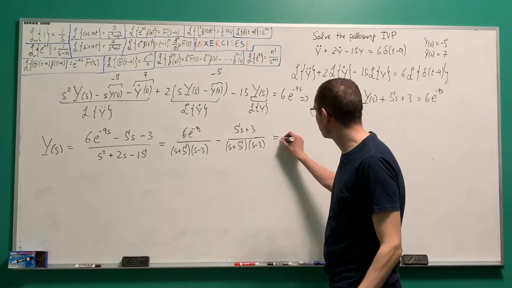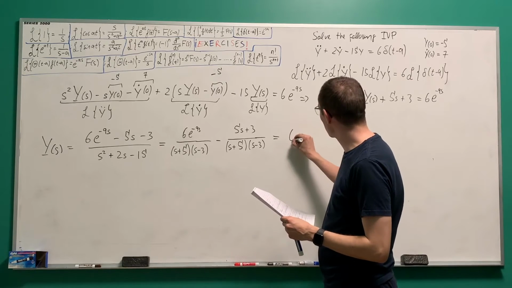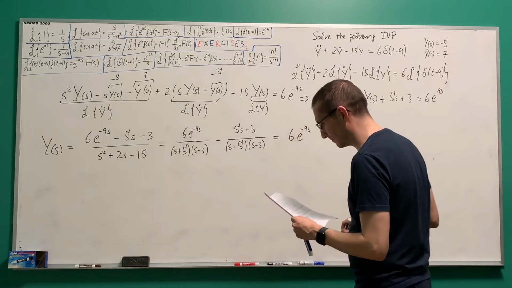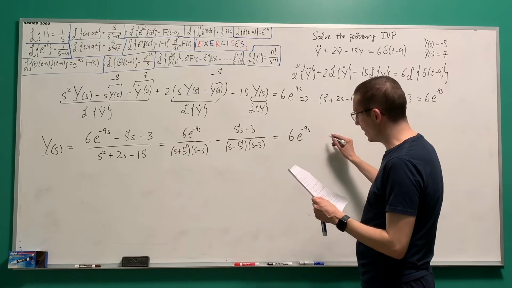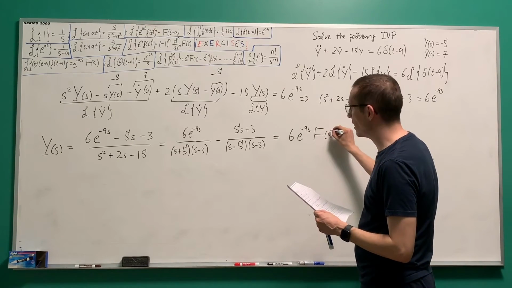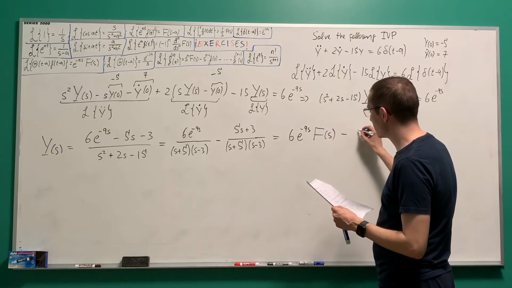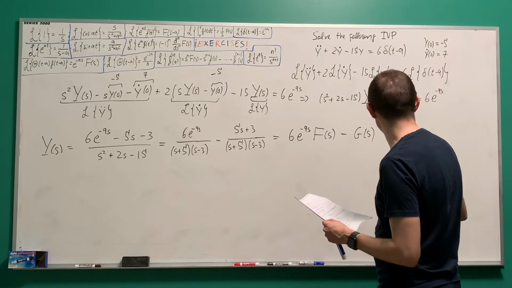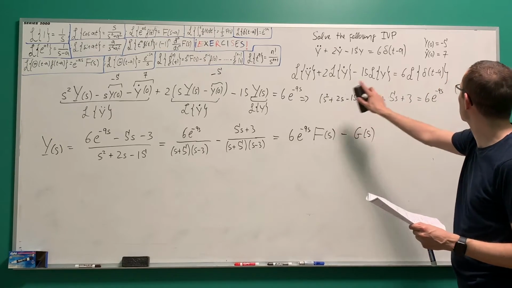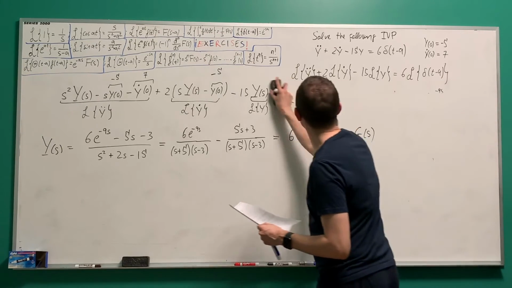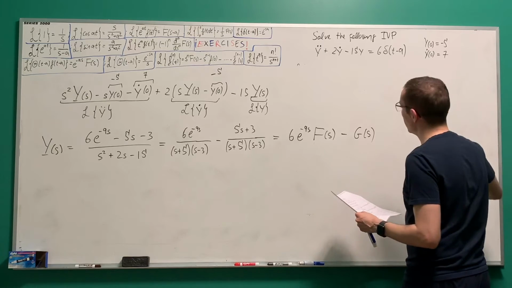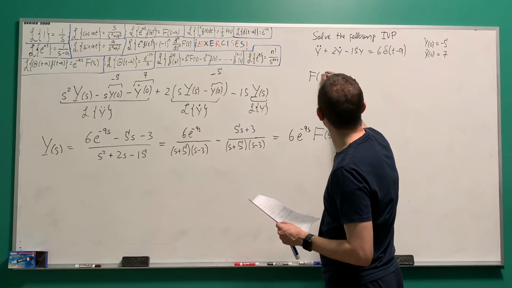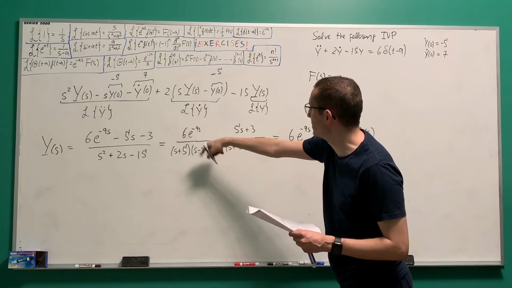Let me call this actually 6 e to the minus 9s multiplying something that I'm going to call f of s minus a g of s. And of course my f of s, let me quickly erase this here. And by definition in here, my f of s is going to be whatever multiplies this thing.